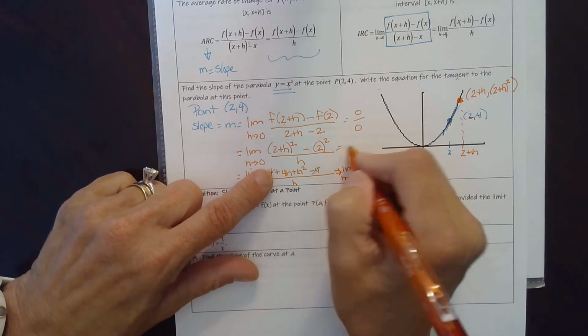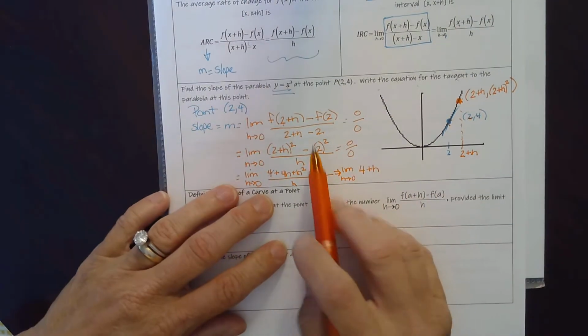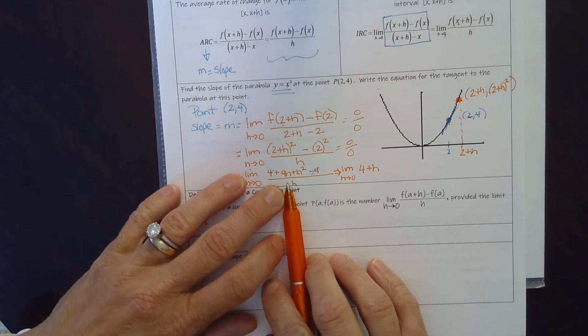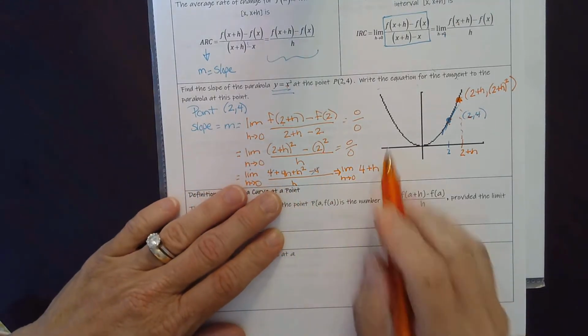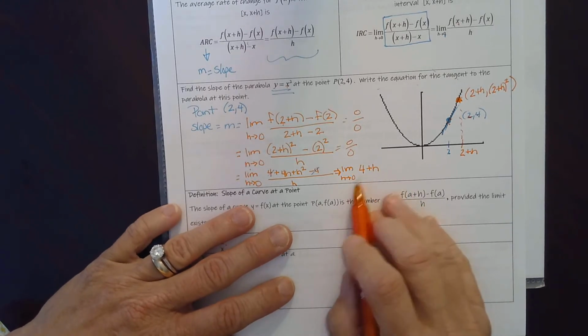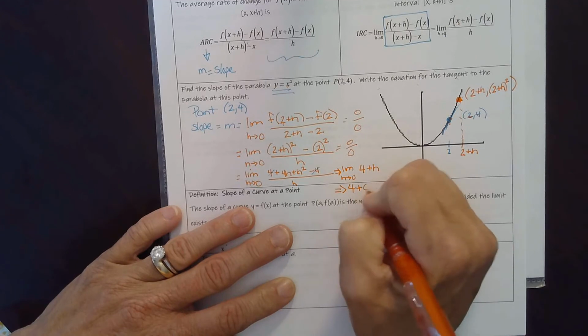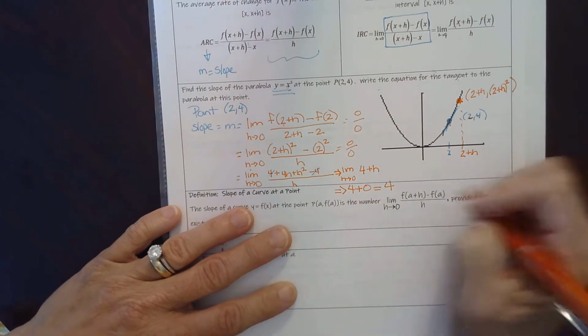So what I did was we rewrote this, we manipulated this algebraically. I've got this now in a different form, and now to find the limit, all I have to do is substitute 0, and that gives me 4 plus 0 equals 4.